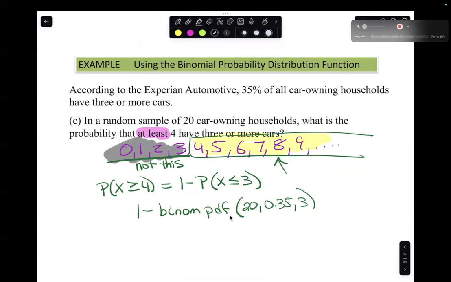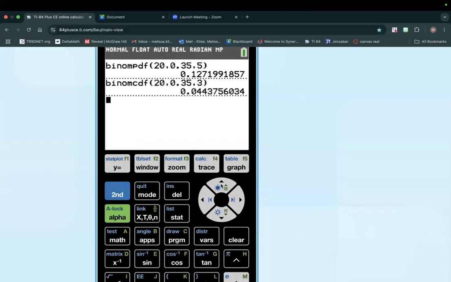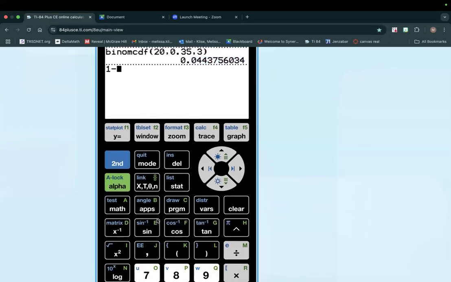So do we just get the number for binom PDF and then subtract it from 1 once you have that number? You can do it either way. For example, because I already have the 3 or fewer right there, I can do 1 minus and then bring that answer.